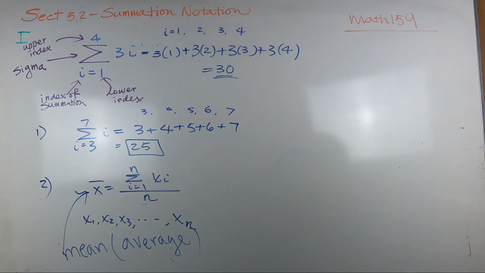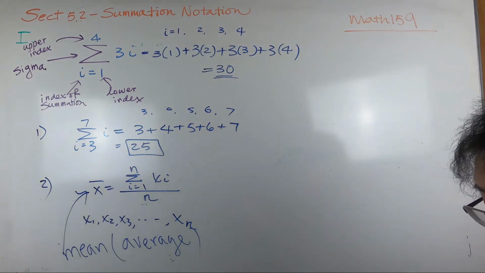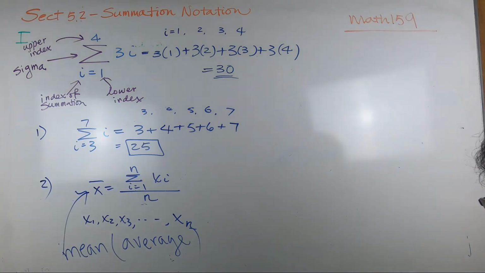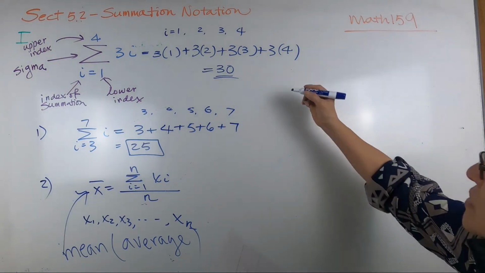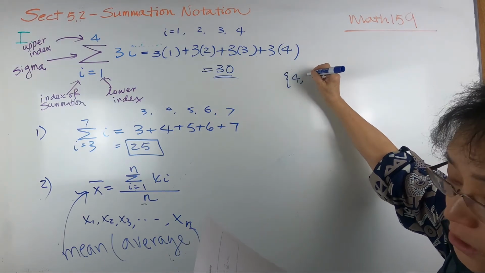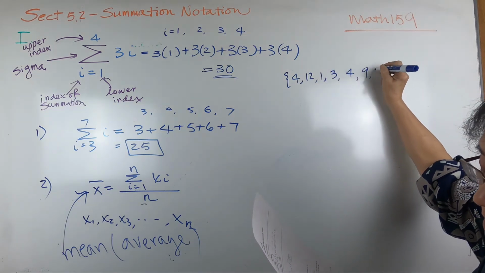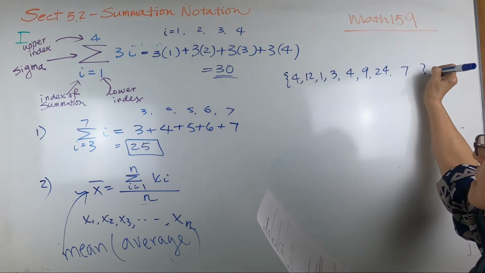So look at some examples on your page 46. It says a survey was conducted asking 8 older adults how many sexual partners they have had in their lifetime. The answers are 4, 12, 1, 3, 4, 9, 24, and 7.